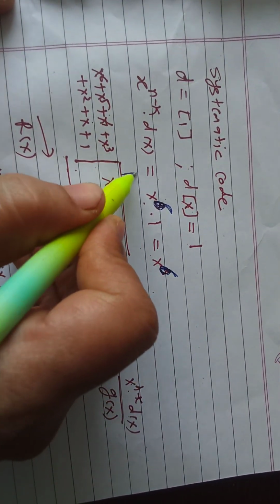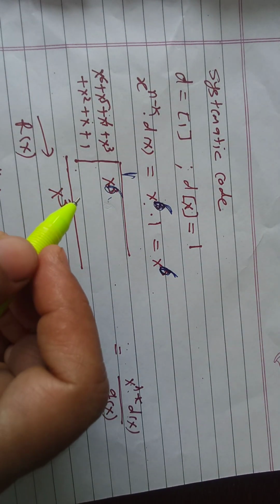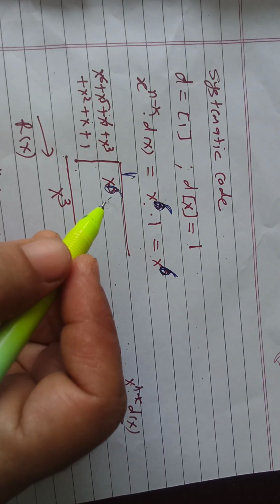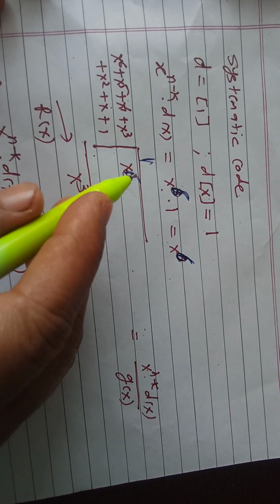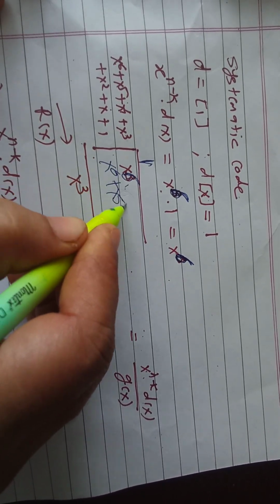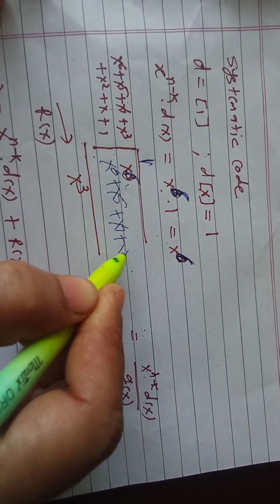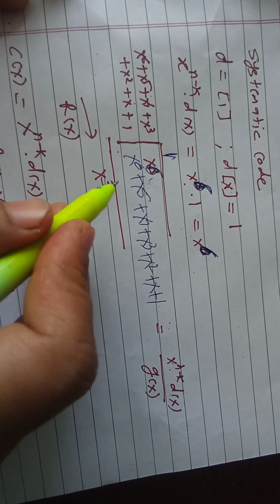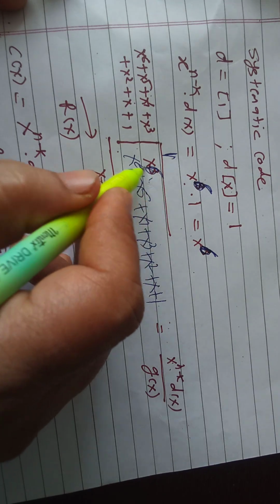So the division is 1. Then x6 plus x5 plus x4 plus x cube plus x square plus x plus 1. So this gets cancelled out.